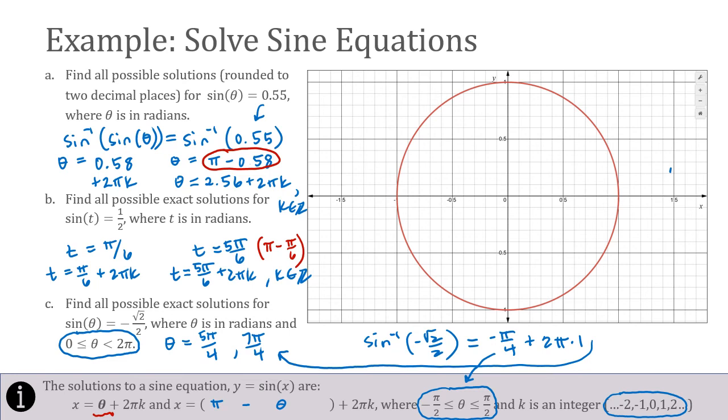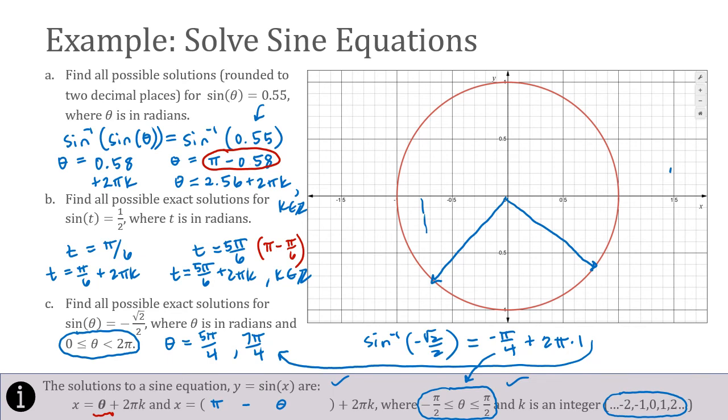So the moral of the story here is, if you have your angles memorized and we're dealing with some of our special angles, then you don't need to worry about either one of these rules. You can just say, okay, on the unit circle between 0 and 2 pi, where do I expect to see the sine having a negative output? I know that's going to happen here, and I know that's going to happen here.